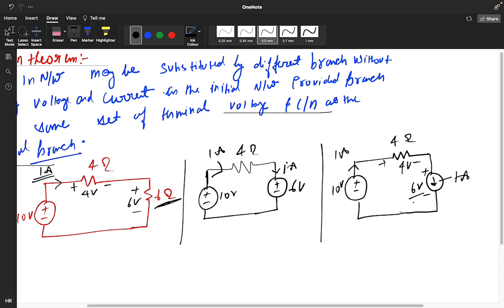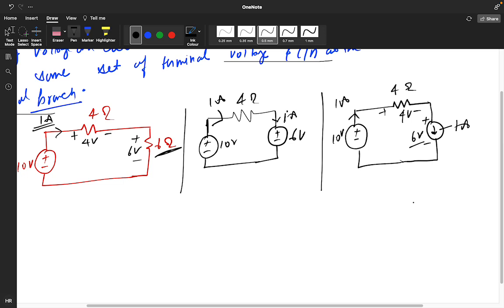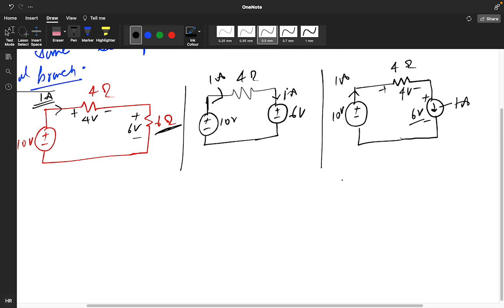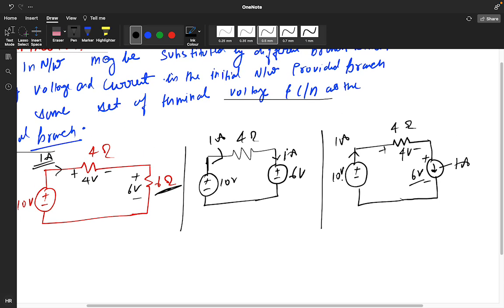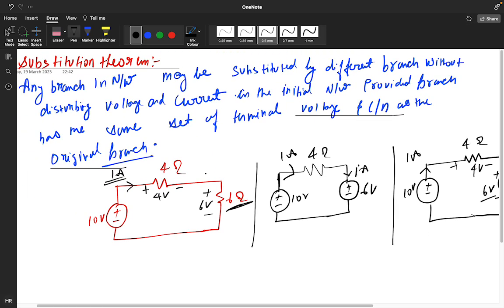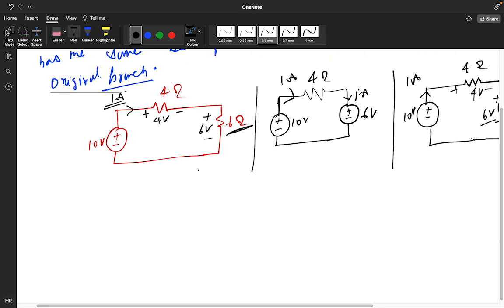Okay, we can make it like this. Is this clear, guys? So this was the substitution theorem.